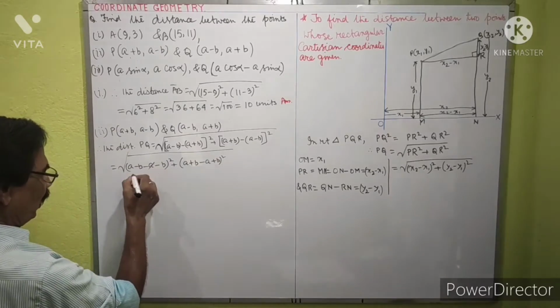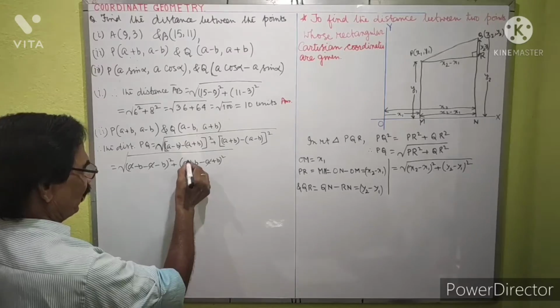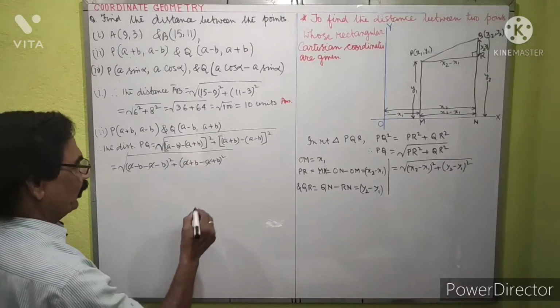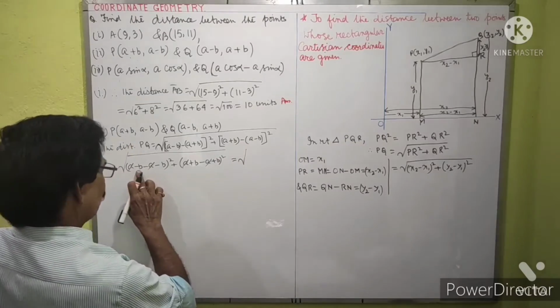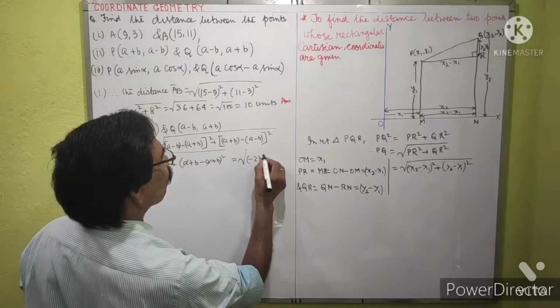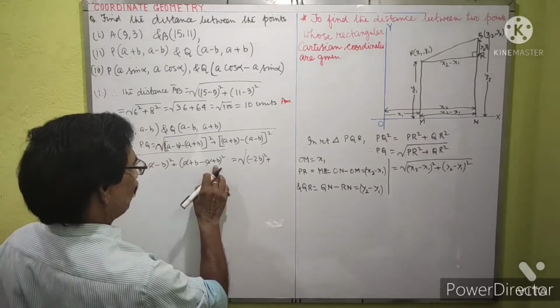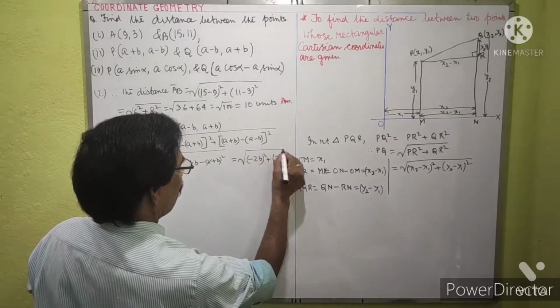Now this a and this a will cancel out and here minus a and minus a will be cancelled out. So it is root over of (minus 2b) whole square plus (2b) whole square.